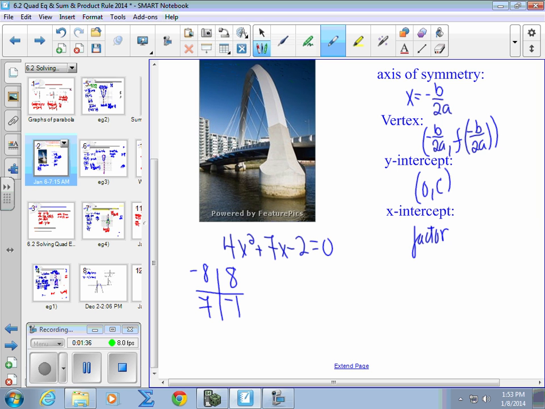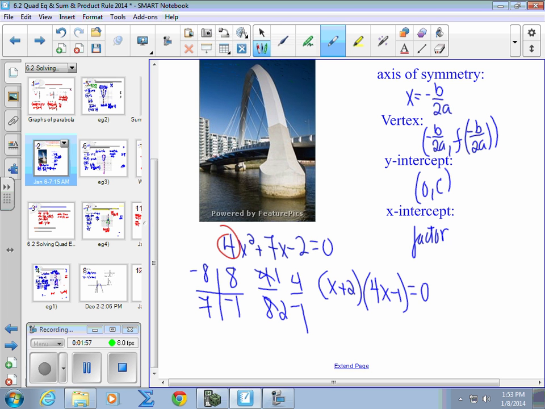Remember, you've got to put 4 under each one of those. So 8 over 4 and negative 1 over 4. This reduces to 2 over 1. So our factors are x plus 2 and 4x minus 1.